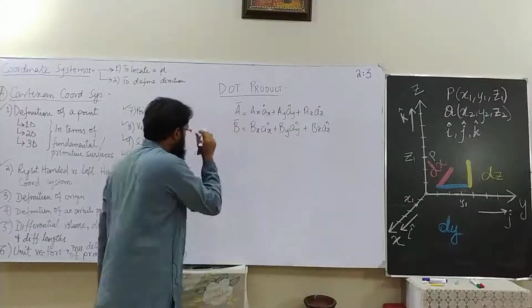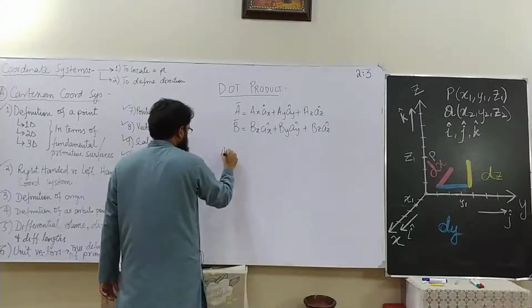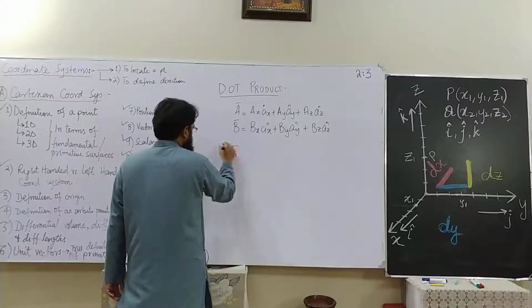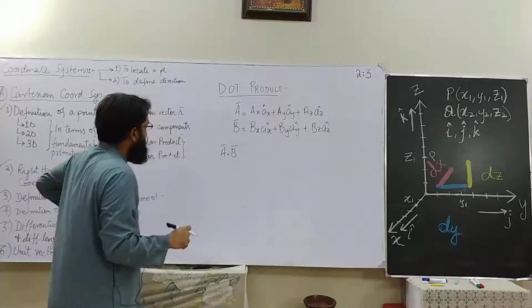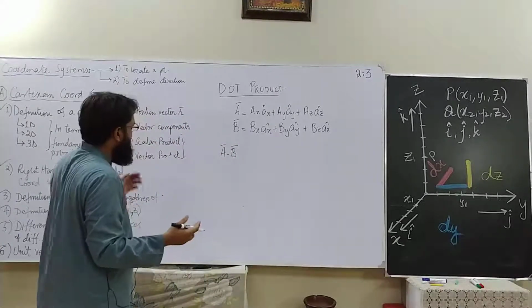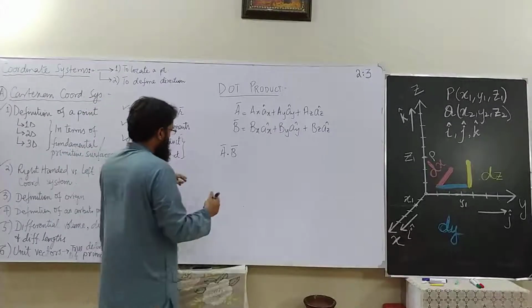Okay, so if you want to find the scalar product or the dot product, because the answer is a scalar, that's why we call it scalar product.